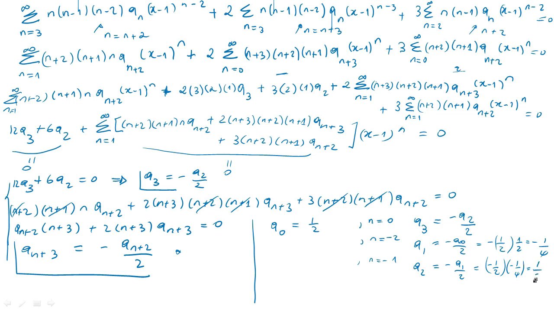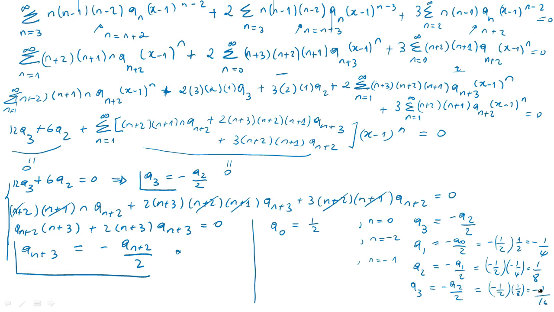That gives me 1 over 8. And of course, a3 is just negative a2 over 2, and that gives me negative half times 1 over 8, which is negative 1 over 16.